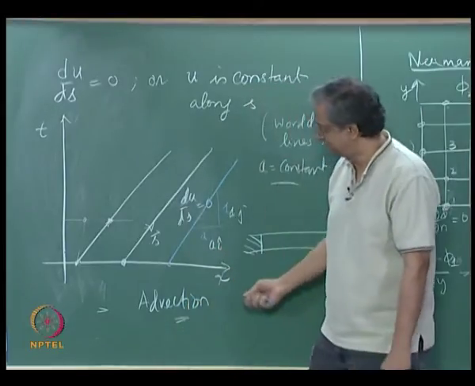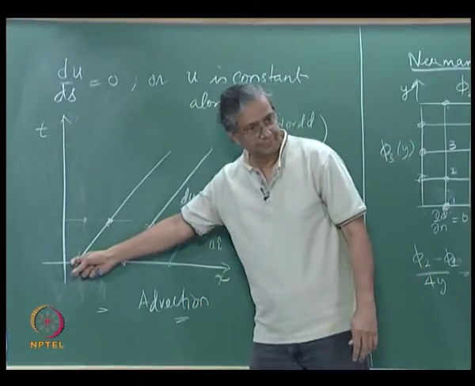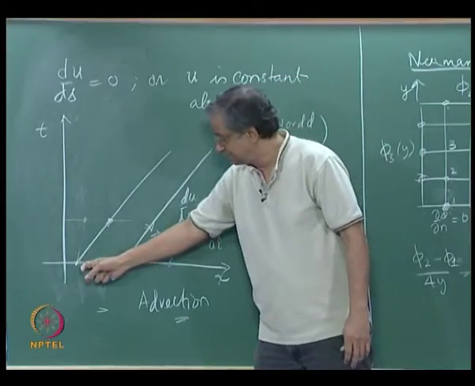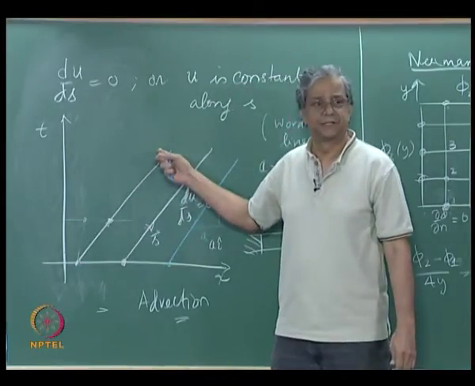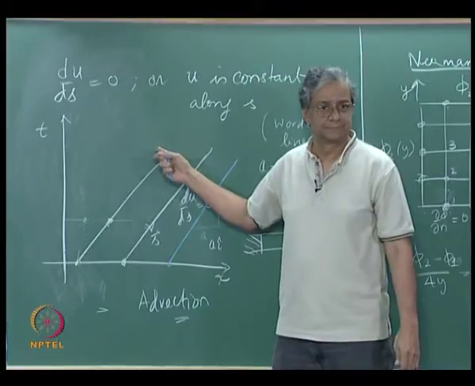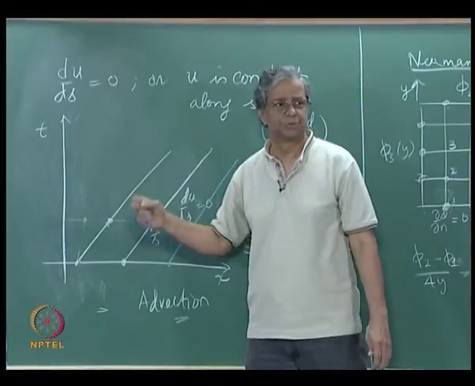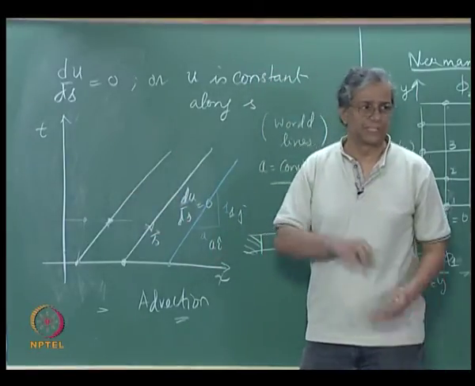So something is being carried, and in this case, because du/ds equals 0, it is carried without change in identity. Some property u is being propagated without change in identity.